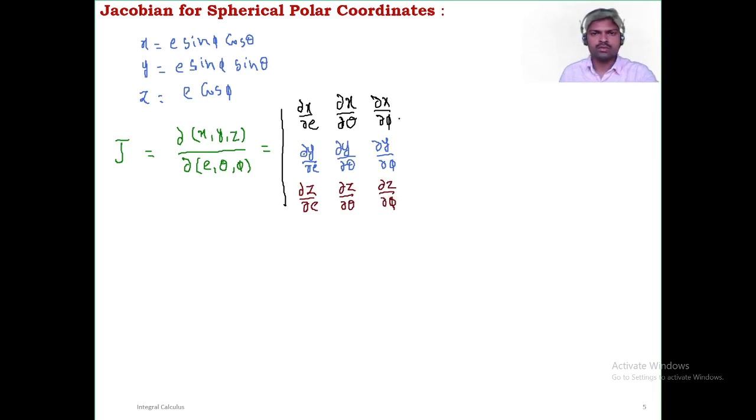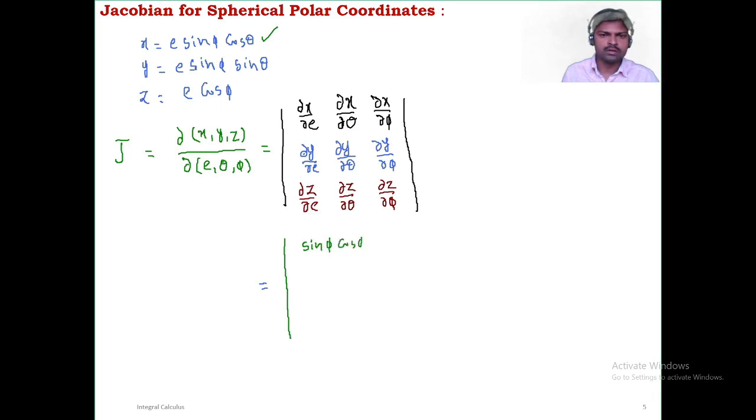Okay, let's plug in all these unknowns. First row about x. Concentrate on the first transformation. Dou x by dou rho, with respect to rho, the partial derivative is sin pi cos theta.